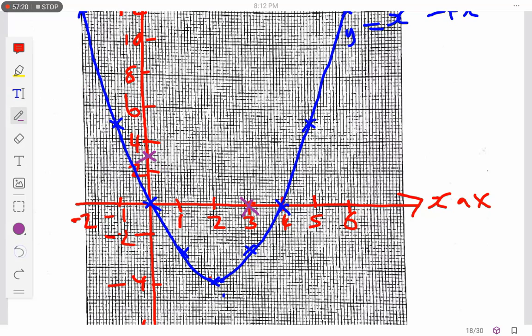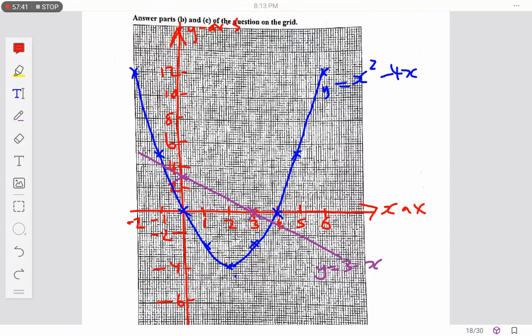I don't have a ruler. Almost, it was almost. Okay, so now it's almost perfect. So this is our equation of y is equal to 3 minus x, like that. Okay, let's go to the other question.